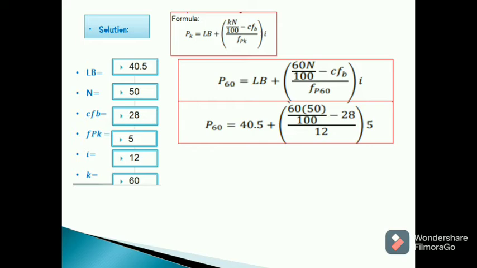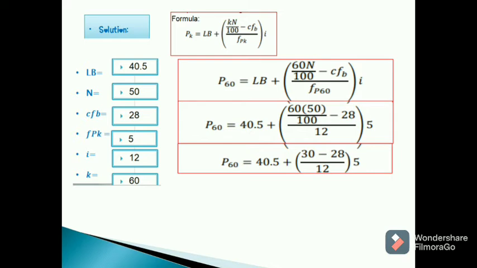I, which is 5. Always remember that in solving this, don't forget to use PEMDAS. We first solve the data inside the parentheses. So we have 30 minus 28 over 12 multiplied by 5.